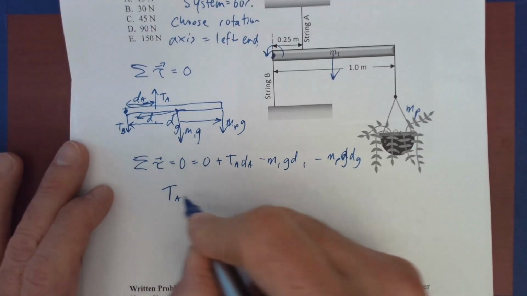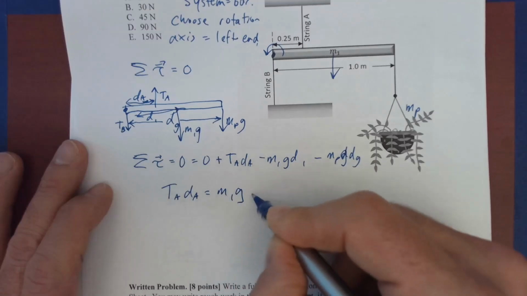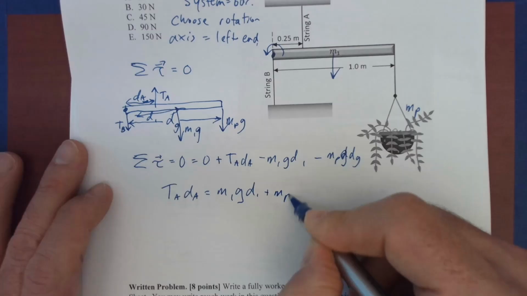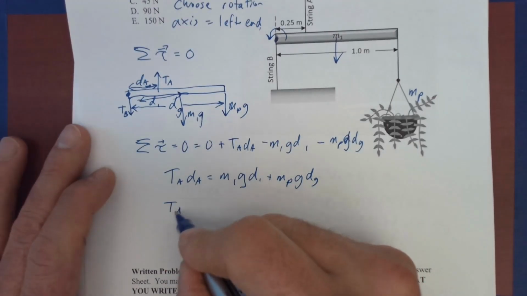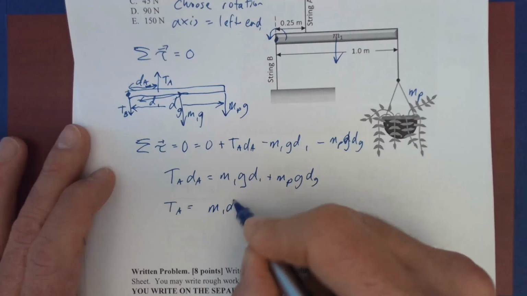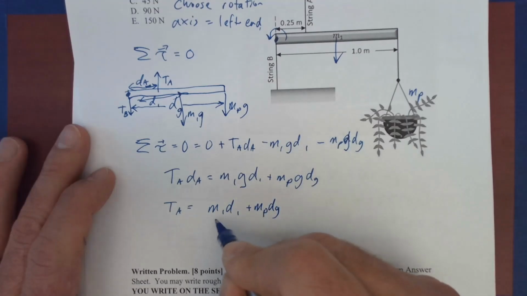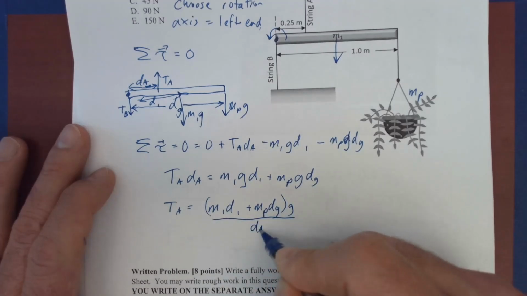The tension A times dA is equal to M1 G D1 plus MP G times dG. So the tension A is equal to M1 D1 plus mass of the plant times that length of the whole bar, all times G, all divided by dA.